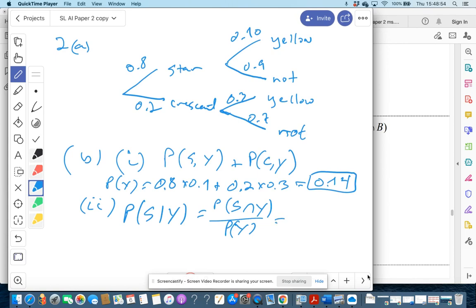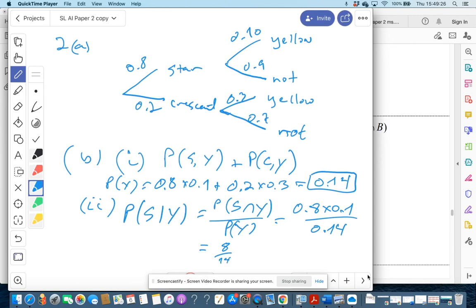So again, we can see the probability that it's a star and it's yellow, we did before, 0.8 times 0.1 right there. So we do that calculation, 0.8 times 0.1 divided by our answer to part two, and I get 8 divided by 14.